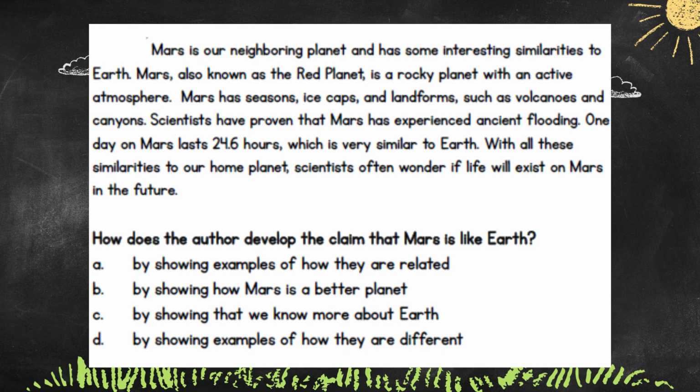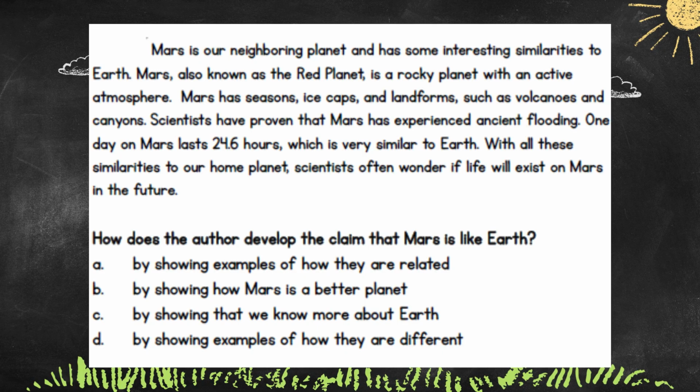So let's look at A again, by showing examples of how they are related. Well, if we look, they're telling us how they are similar. For example, it says one day on Mars lasts 24.6 hours, which is very similar to Earth. That would be them showing examples of how they are related. They also talk about how Mars has seasons, which is something that we have on Earth as well.